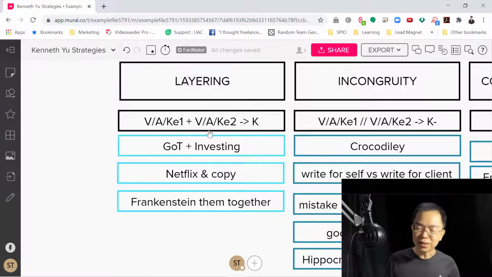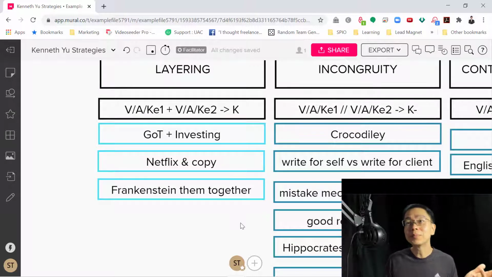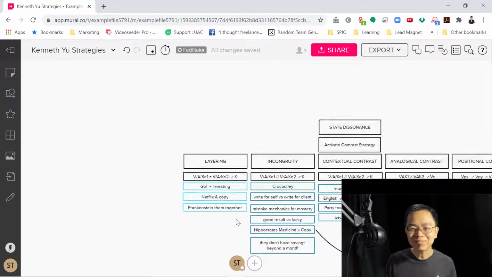No longer is it just branding as emerging trends plus values plus expertise in order to brand an expert, right? It's like Frankensteining all those things together. So very powerful. In fact, Frankenstein them together, I referred to it as frankensteinthem.com as a funny way of objectification. Okay, all right.